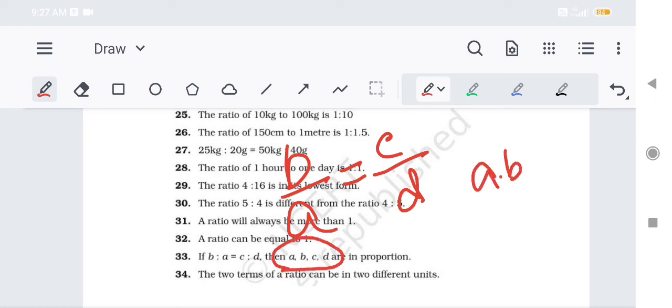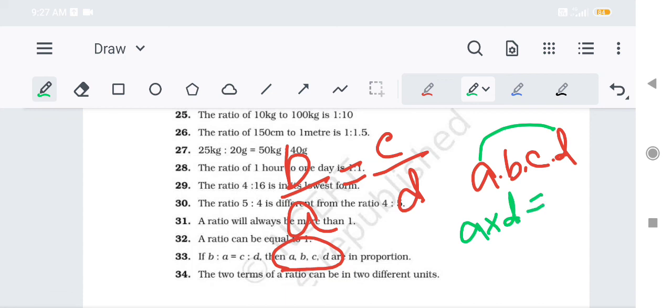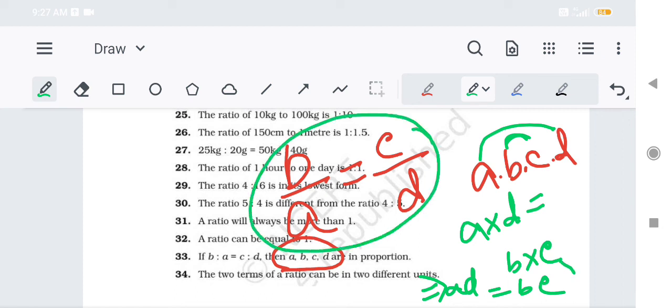Here the last two terms are coming A and D. So their product must be equal to the product of the middle two terms, means B and C. So here it is coming AD is equal to BC.